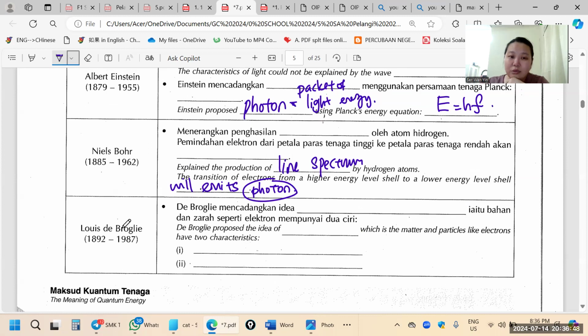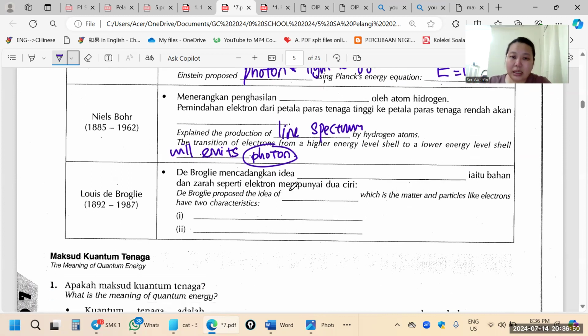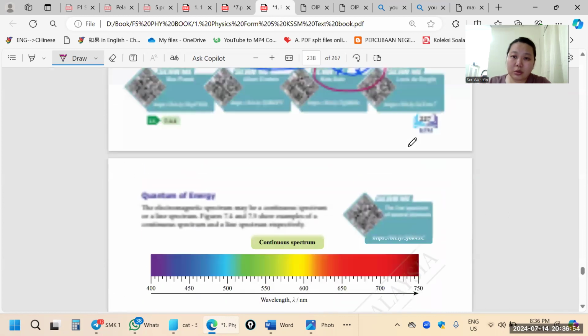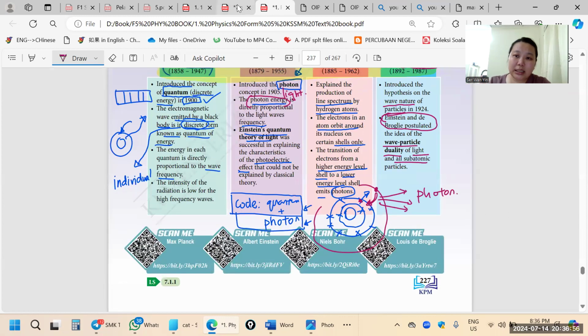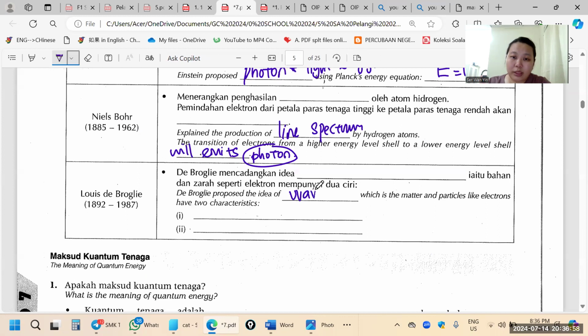So finally we come to De Broglie. De Broglie said the idea of wave-particle duality, which is that matter and particles like electrons have two characteristics.